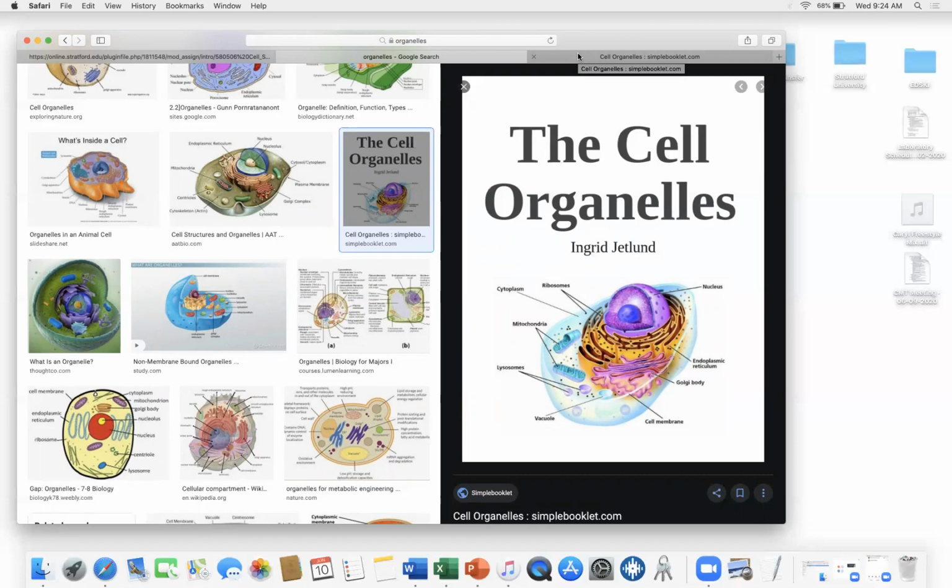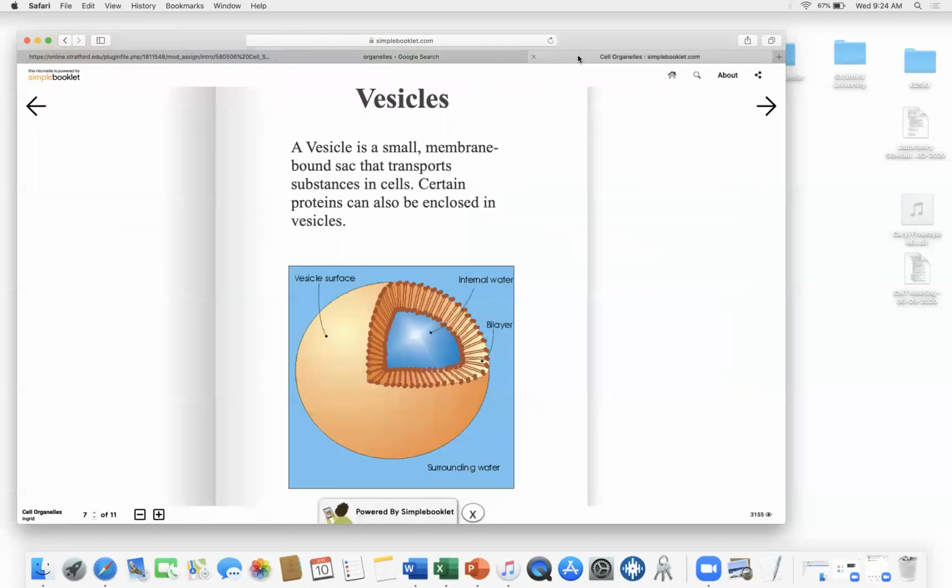Chemically, it has to match up with everything like a lock and key, and that's how you know that the hormone is going in the right place or the protein is going to the right place. There is a lock and key so that it doesn't go to the wrong door, and we do it through these vesicles.